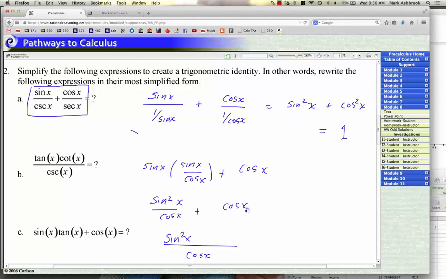What do we have to do to this to get cosine in the denominator? Cosine over cosine, right? We're going to multiply by cosine over cosine. And then we can add those with a common denominator. So plus cosine squared over cosine x equals 1 over cosine equals secant x.